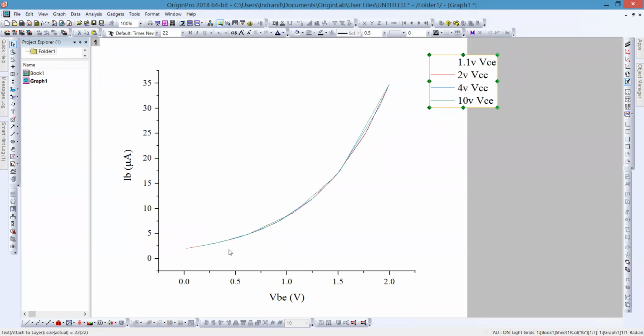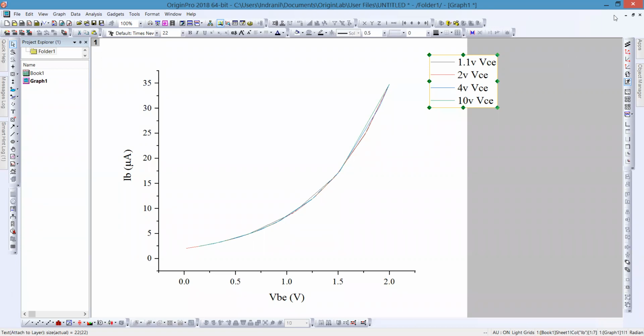But I think you can recognize this curve from the diode curve, right? The diode characteristic is also something like that. Up to some voltage there will be no current, and after that a huge amount of current flows. So that is why this input characteristic is basically a diode characteristic.